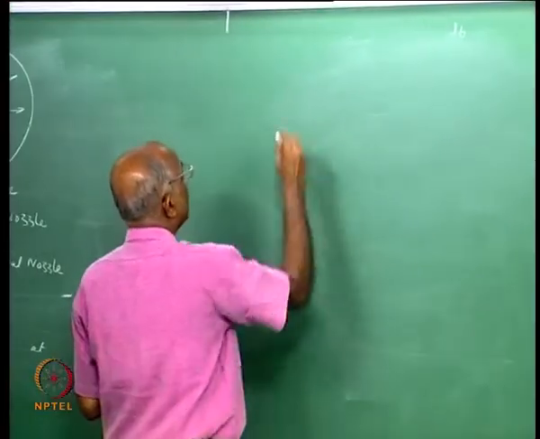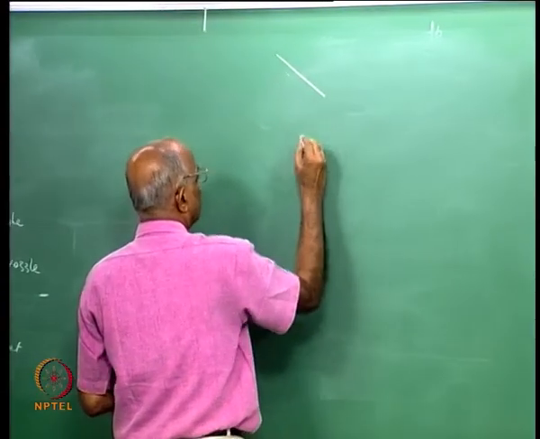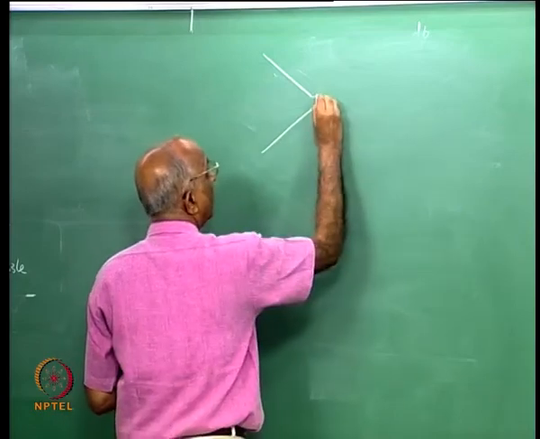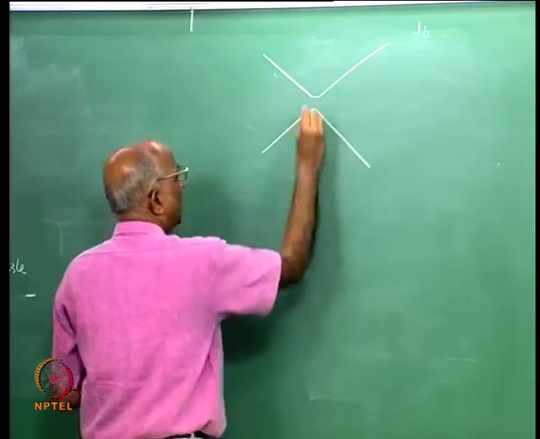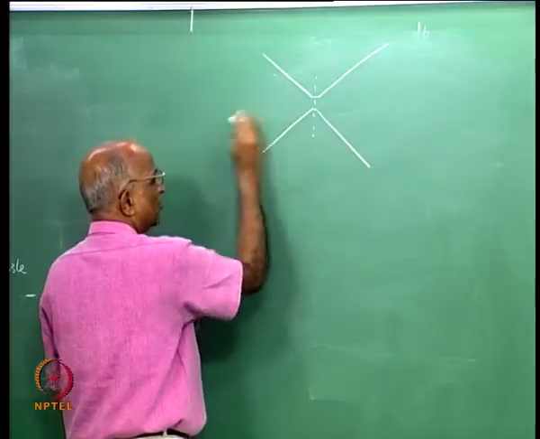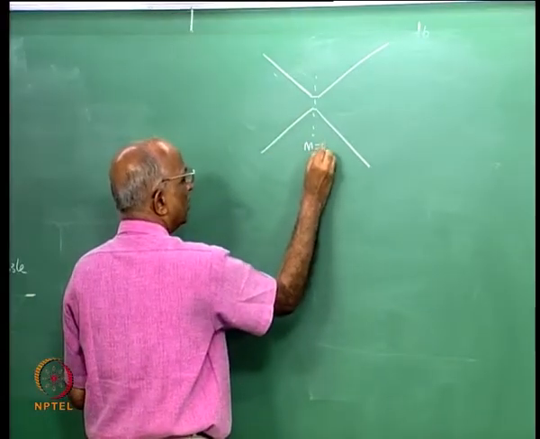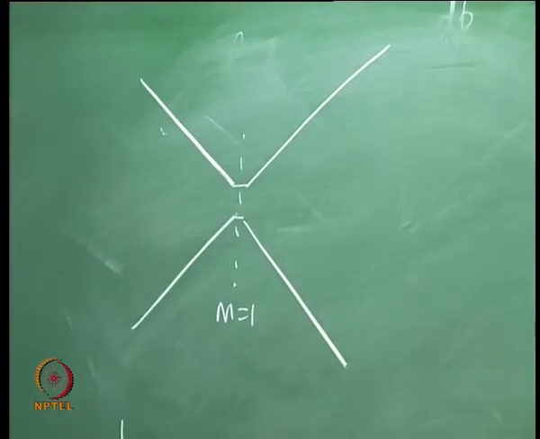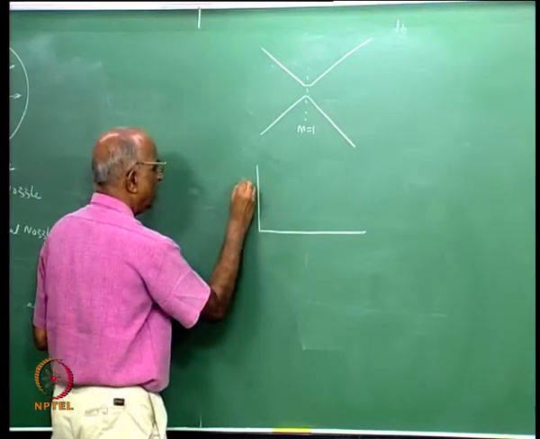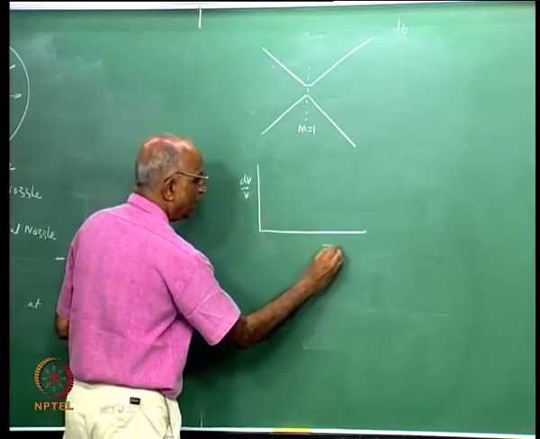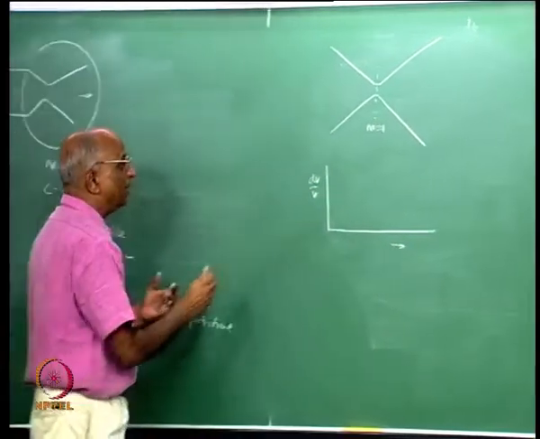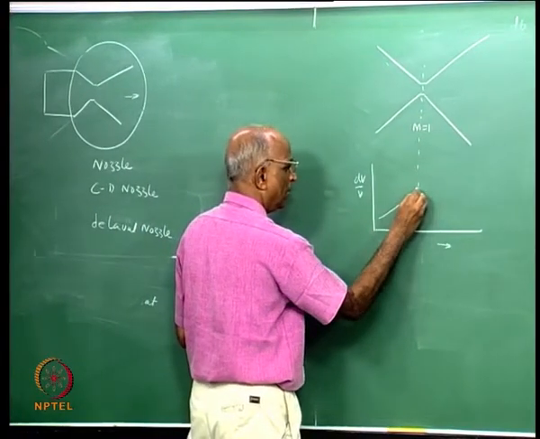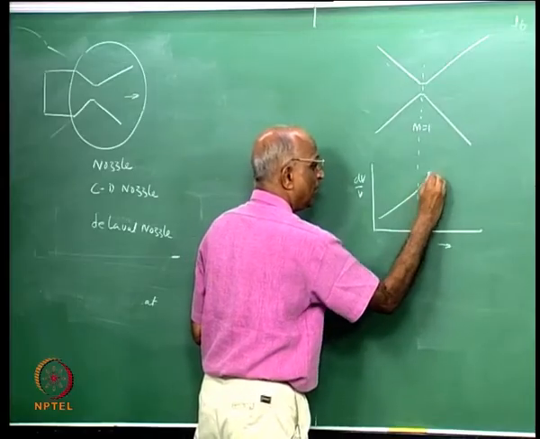Let me first sketch a nozzle here: convergent, a throat, a divergent, and let us assume that I have such a flow rate that Mach number is equal to 1 at the throat. Now let us find out the change in dV by V along the length. We just now found that dV by V increases up to the throat, and then it further increases over here.